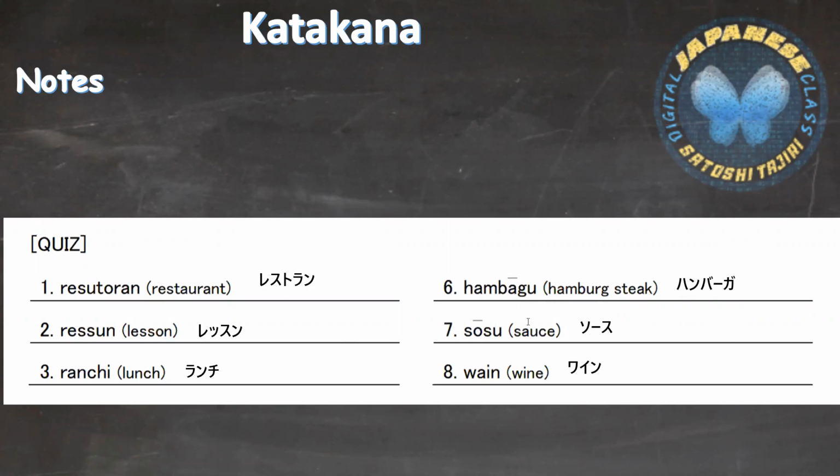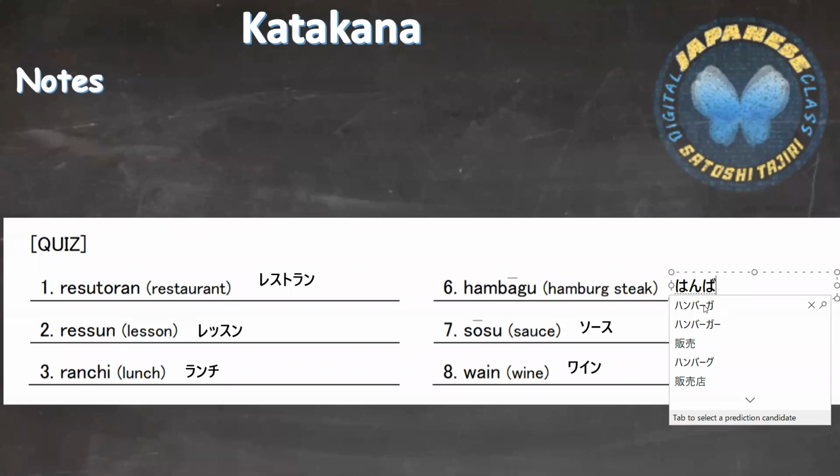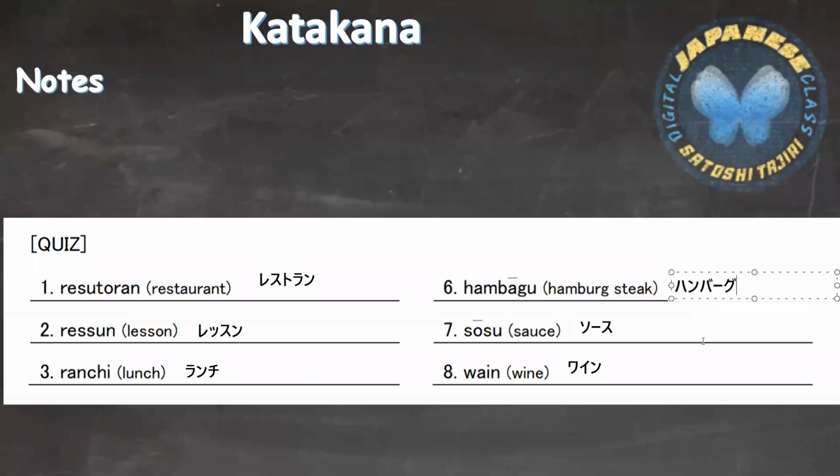Hambagu, arigato. So it should be this one. This is hambagu. Hambagu is different from hambaga. So it should be hambagu. This is the correct one.